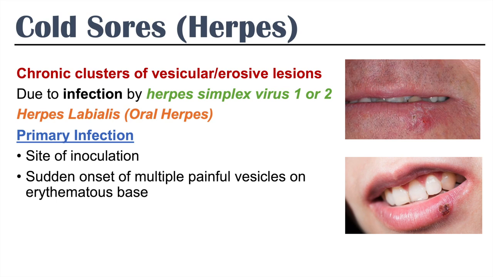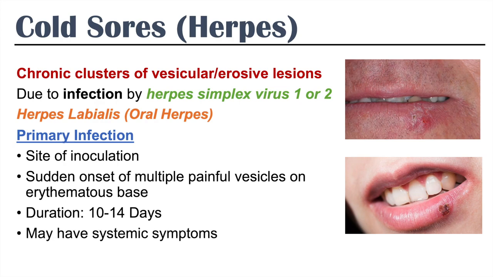So you can get this very sudden, very nasty, painful area on the lip or wherever this site of inoculation is, and it can be very red and very sore. The primary infection generally lasts for about 10 to 14 days, and it may have systemic symptoms. This can include fever or chills, malaise. You just may feel very under the weather with this.